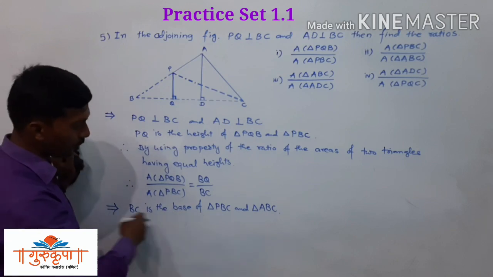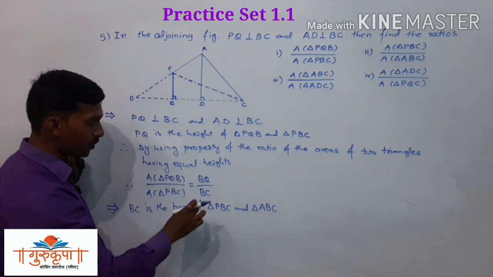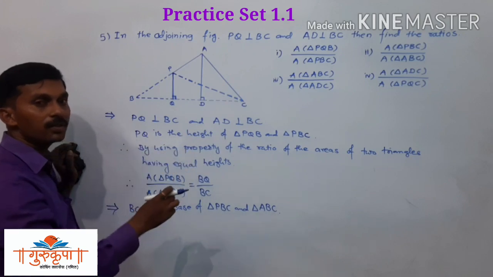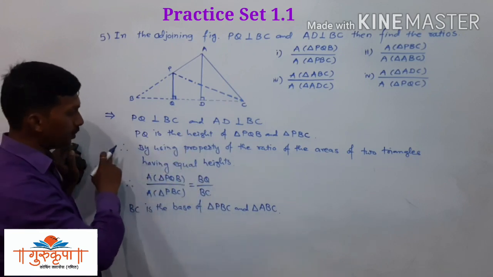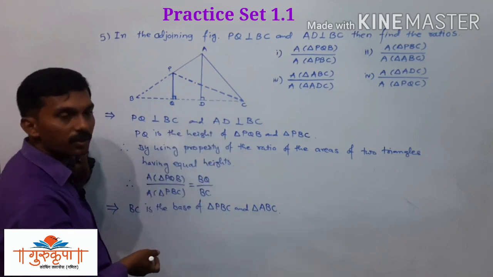So we can write the property here, or we can just write by using the property of the ratio of the areas of two triangles having equal bases.